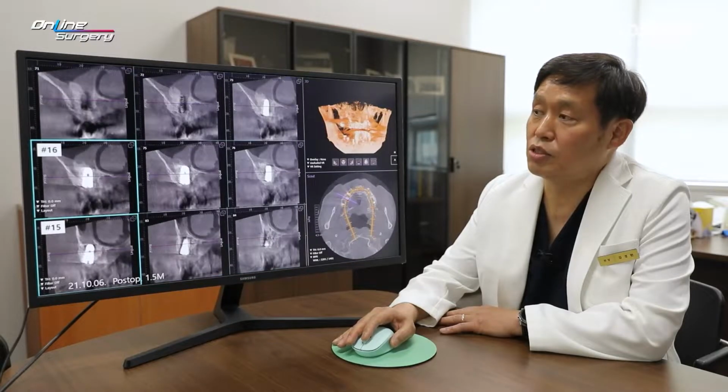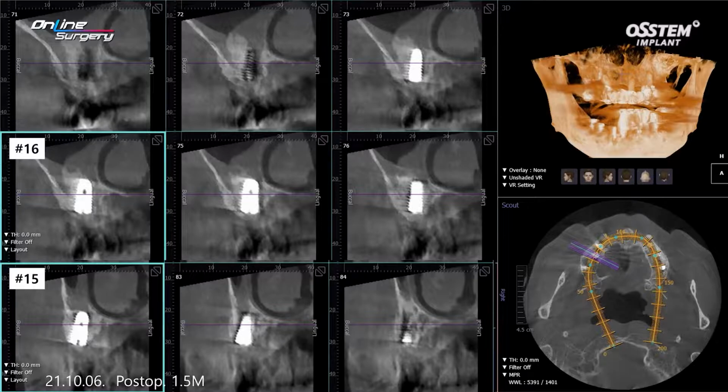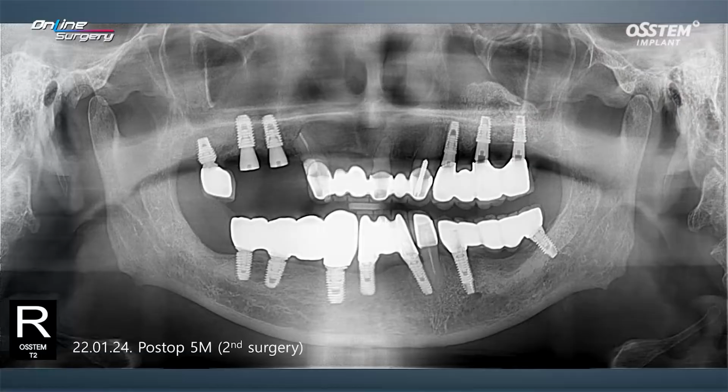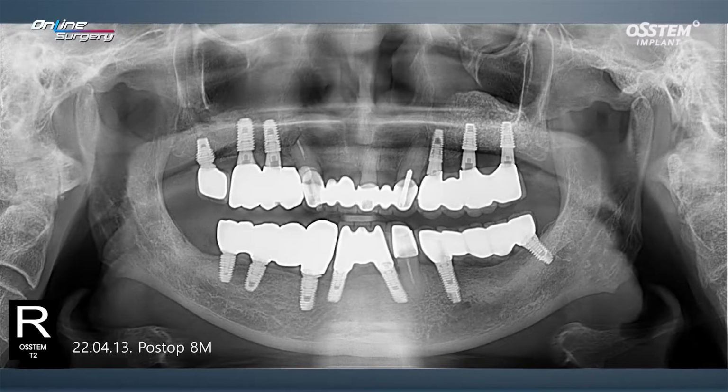This is after 1 month and a half. This is number 16 and 15. Mucosal thickenings can still be observed, but there's no complication within the sinus. This is after 5 months. A secondary surgery was done, and this is approximately 8 months after that surgery.